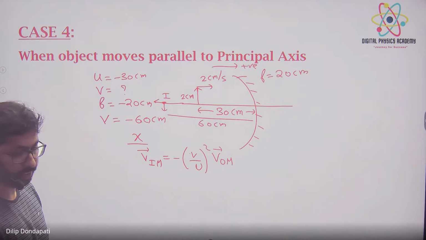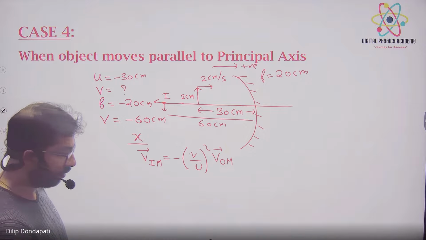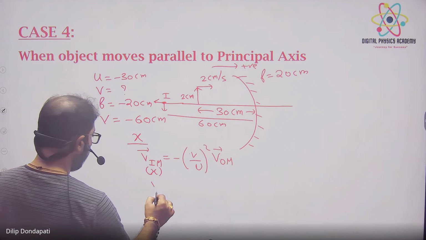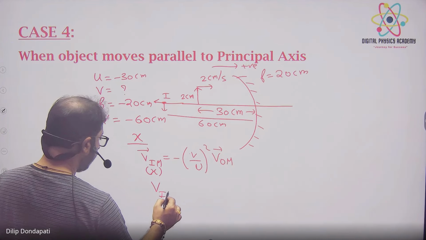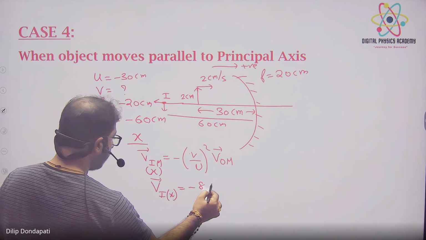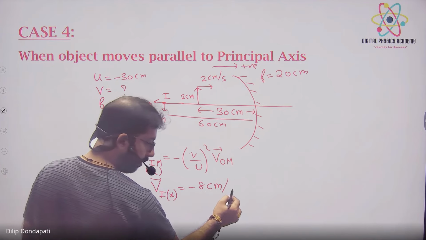Along the x direction, use करो. Minus 8 centimeter. Minus 8. Vi along the x direction is minus 8 centimeters per second.